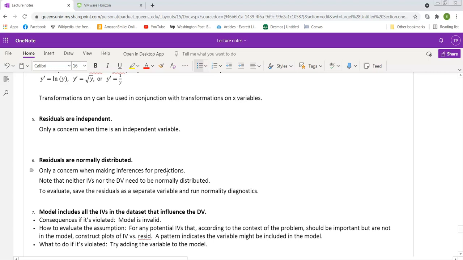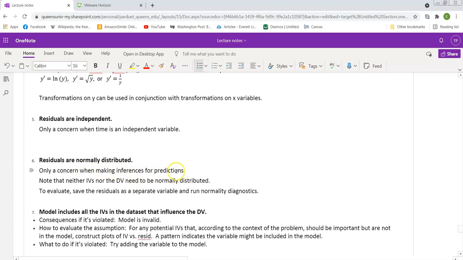When you generate your prediction, you can create a confidence interval around that prediction. So you can say, we are 95% confident that the actual value of a new point here will be in this interval.